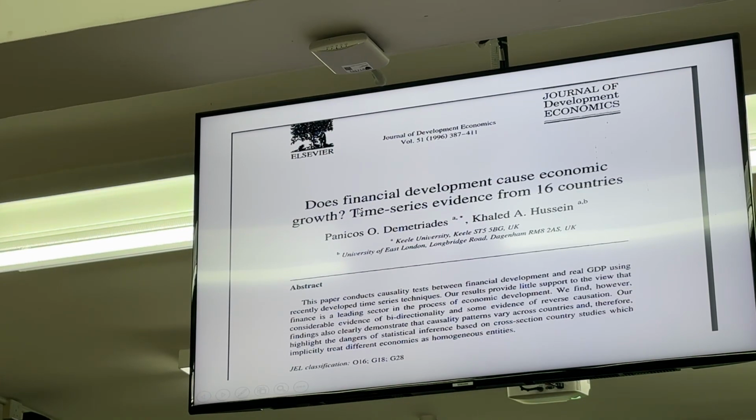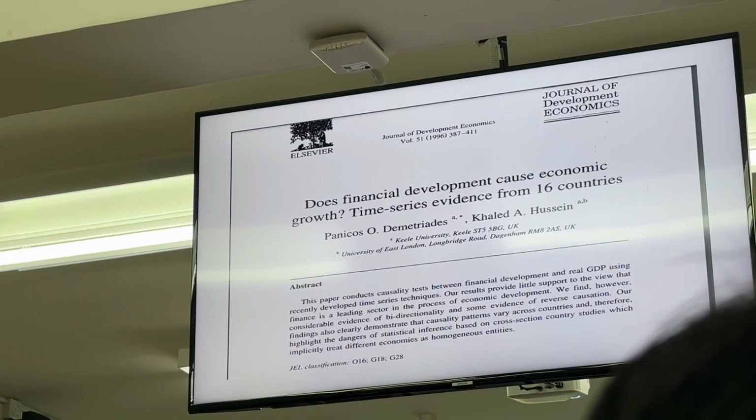So this classical theory in economic growth asks whether financial development leads economic growth, or economic growth leads financial development. Right. These are widely researched topics and also published a lot in the past two decades.